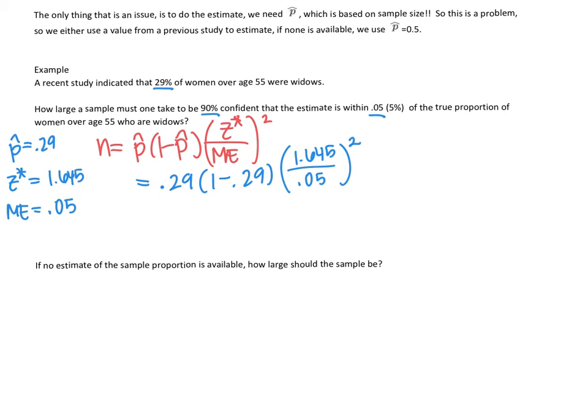So plugging all of that into the calculator, we get 222.87, which means 223 people would need to be in the sample.